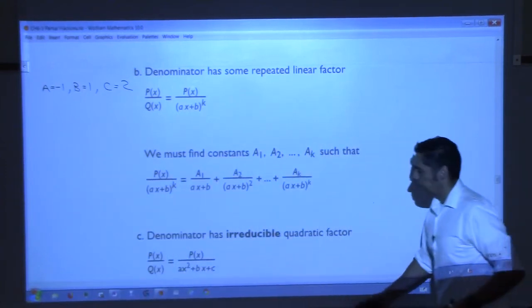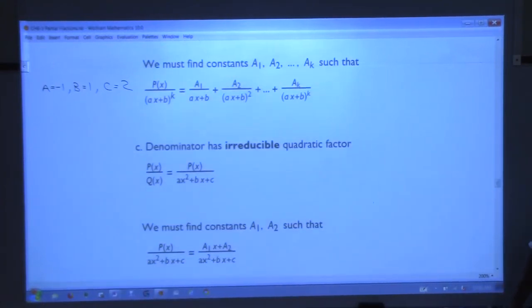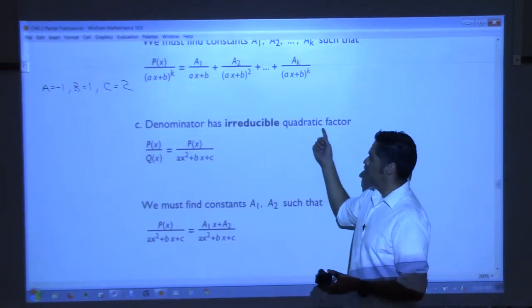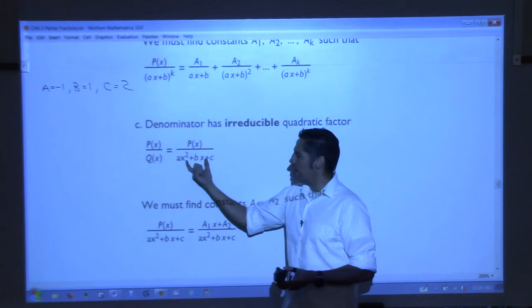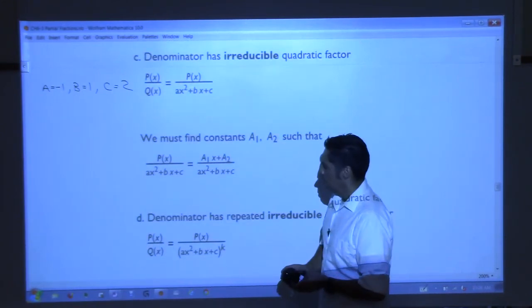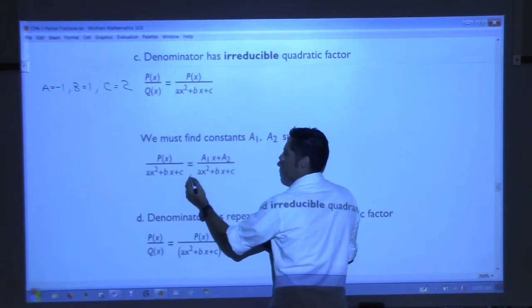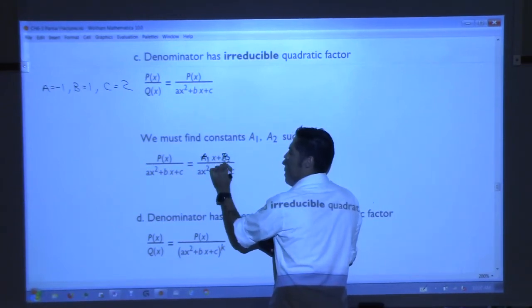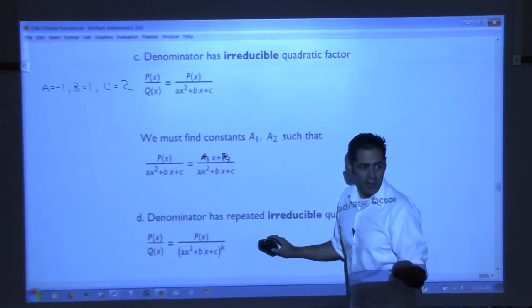And then, well, this is where we're headed, so we may as well do this. What if we have an irreducible quadratic factor? So what if we have a quadratic on the bottom that can't be factored? Then what do we do? We do Ax plus B. So this is what you were saying. Do we ever see something like this?